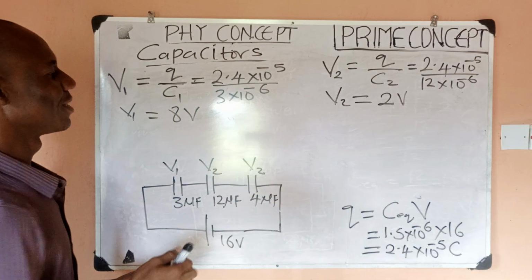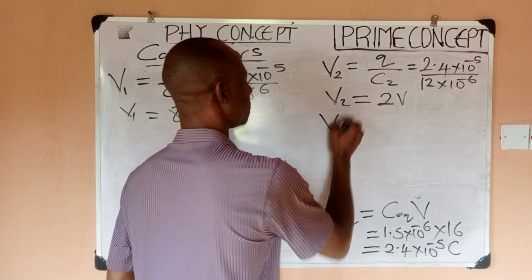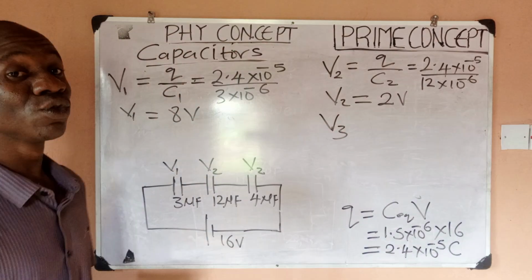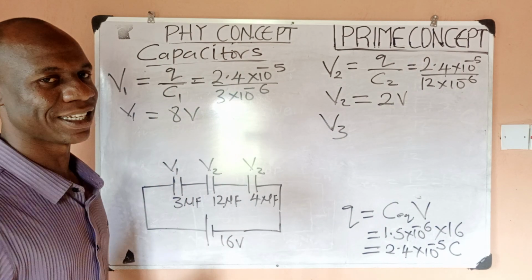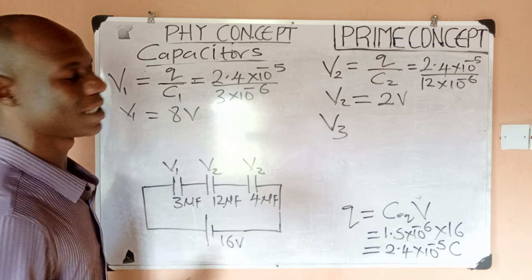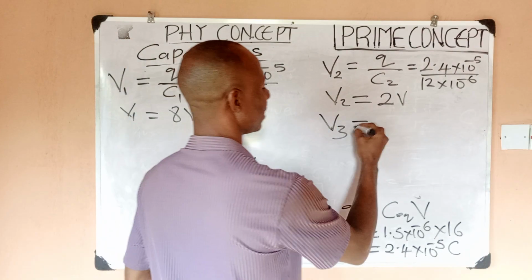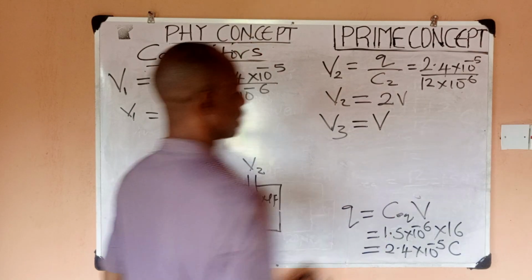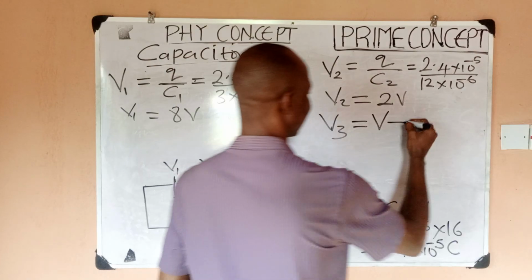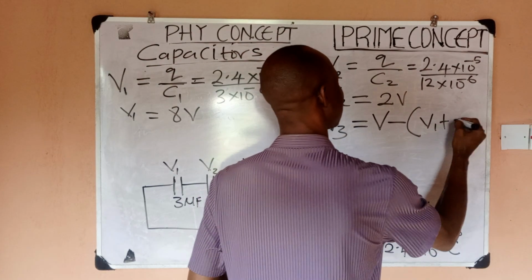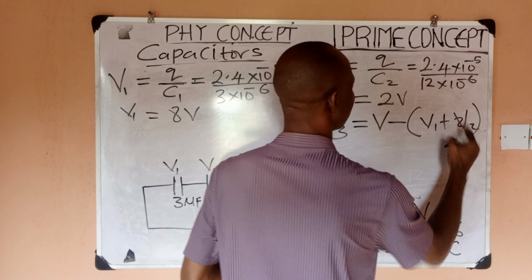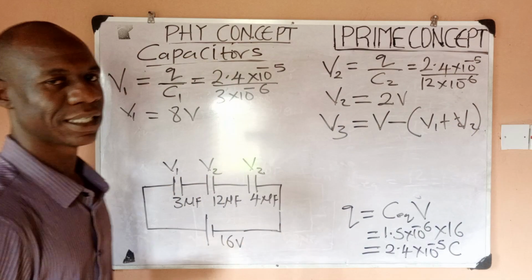Then finally, to get my V3, we have 2 ways of finding our V3. One of the ways, which is easier, is to simply know that V3 is going to be your total voltage V minus V1 plus V2. So with this, you can get your V3, right?